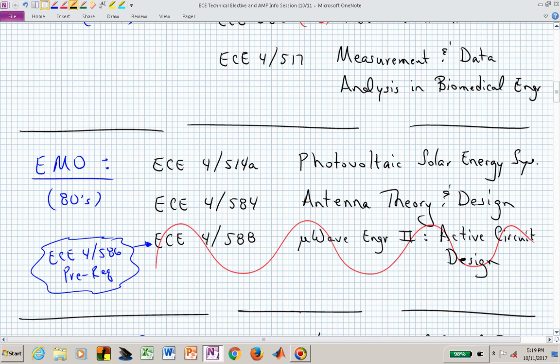So if you're interested in alternative energy or an energy class, this is one of our toes into that pool of courses, our photovoltaic solar, and you learn how to collect energy from the sun as efficiently as possible using silicon-based technology. That's 414A and 514A.